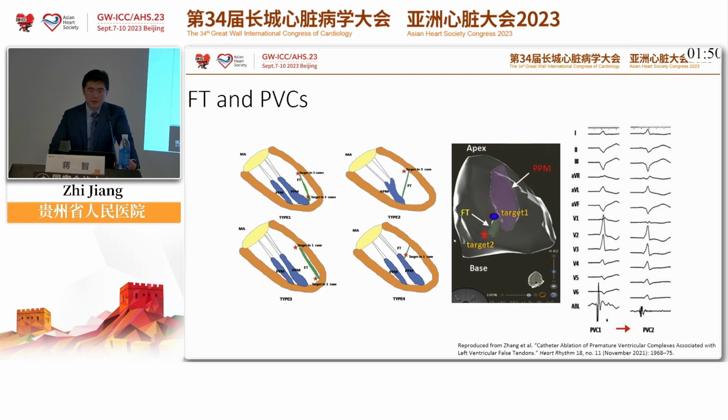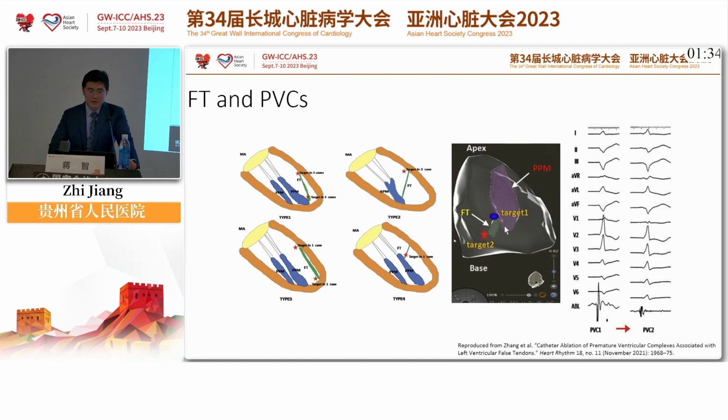There were 10 patients who had ablation for false tendon related PVCs. All the targets were located on the septal attachment or the distal attachment of the false tendon.